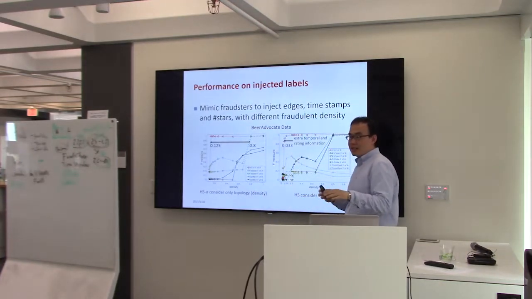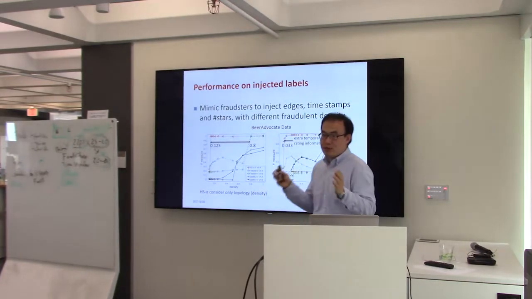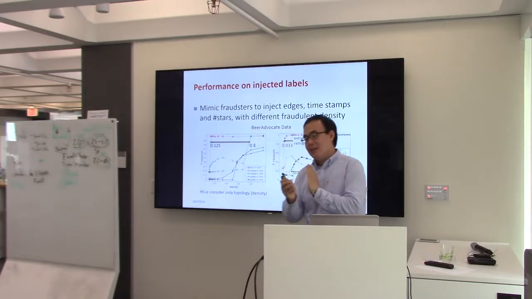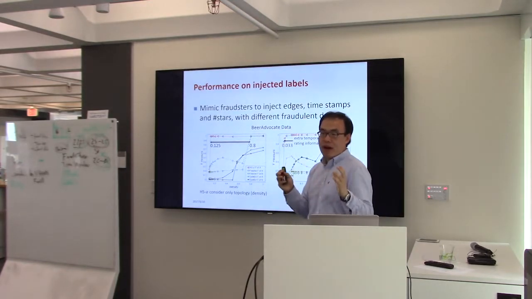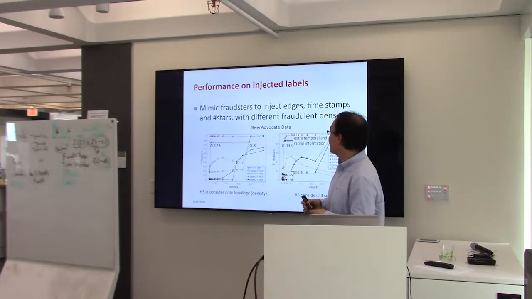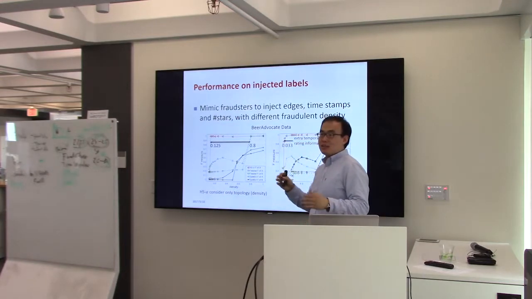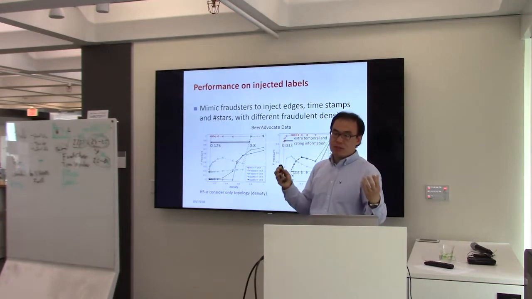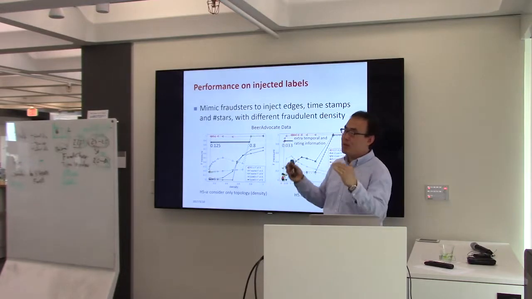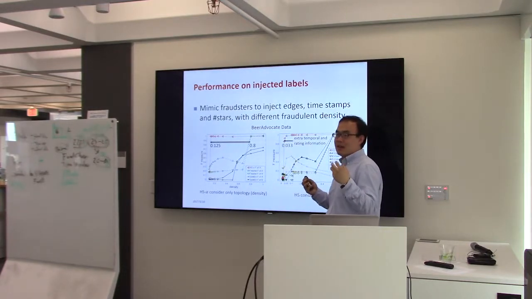In fraud detection, mimicking the fraudsters makes sense, because if your algorithm cannot detect those mimic fraudsters, that means if the fraudsters use the strategy you mimic, they can attack the whole system.